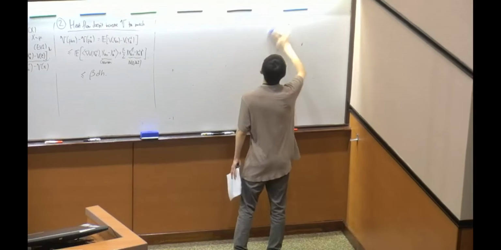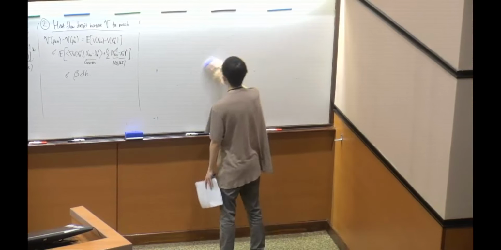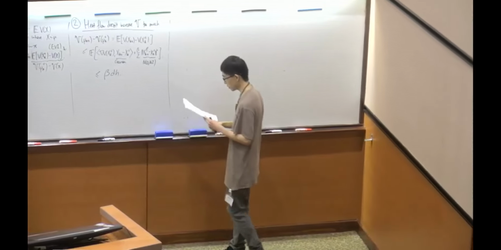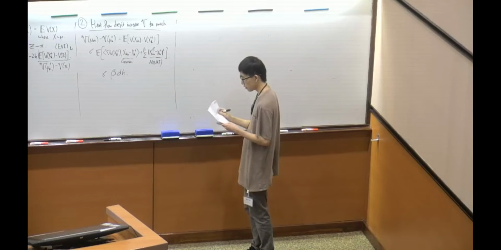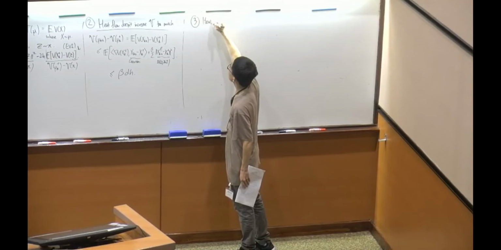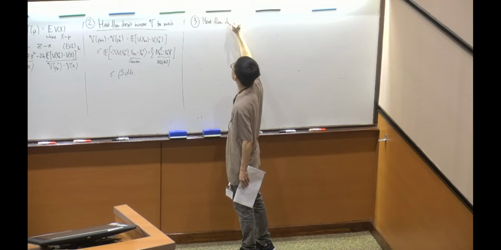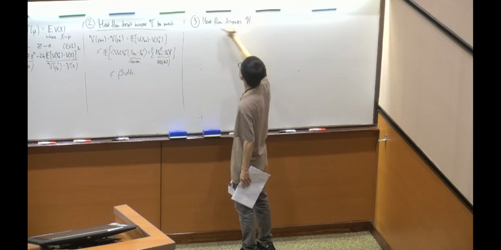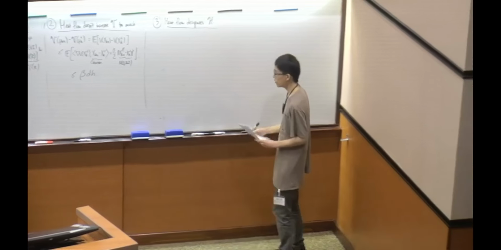The last step is the most subtle, and this is where we're actually going to need to know some things about Wasserstein calculus. So step 3, heat flow dissipates the entropy, which is pretty natural.